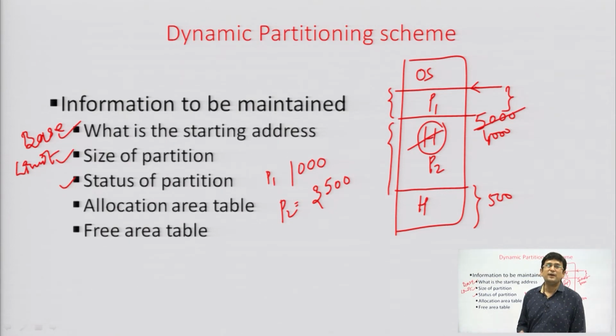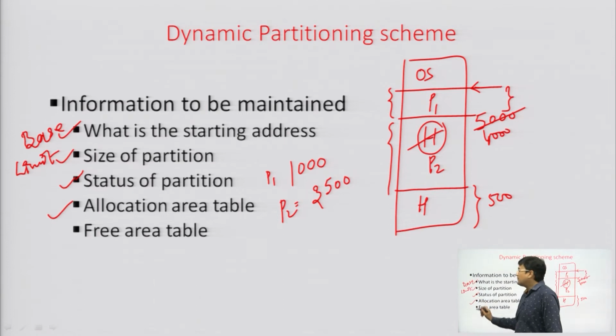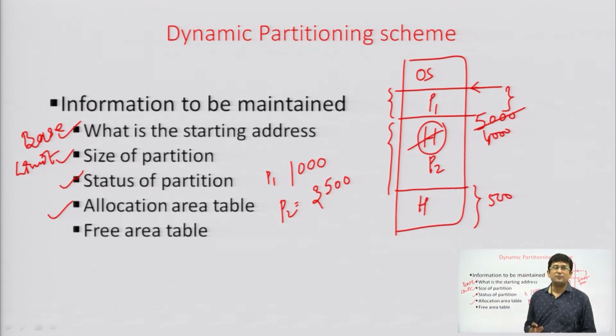Over time we may have several holes. Either a process will be there in some partition of the memory or it will simply be a hole. So, we need to know which partition of the memory belongs to what status, is it a hole or is it a process. So, the status of the partition should be known, and the allocation area table, meaning in which area of the memory I have the processes allocated.